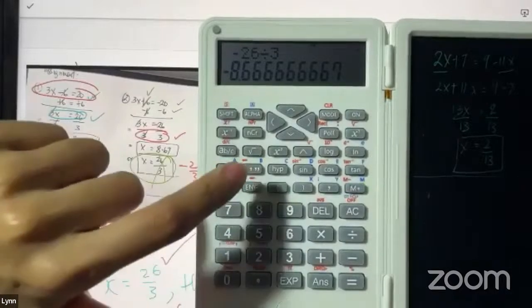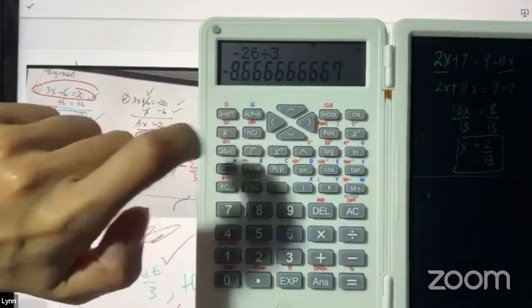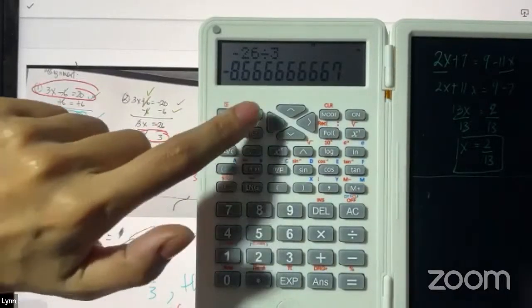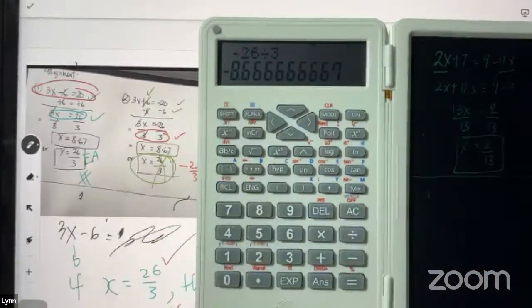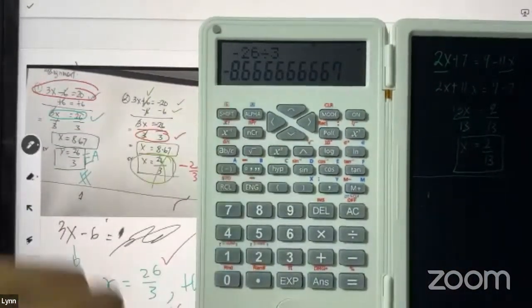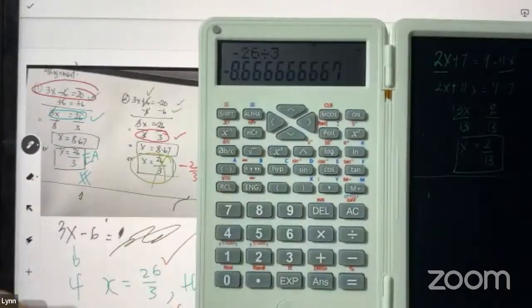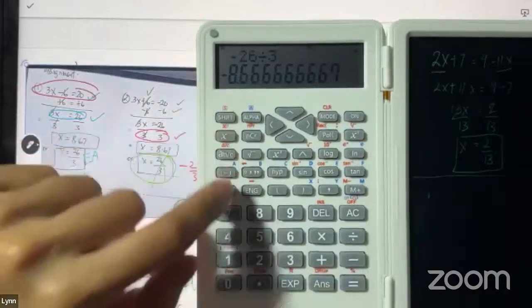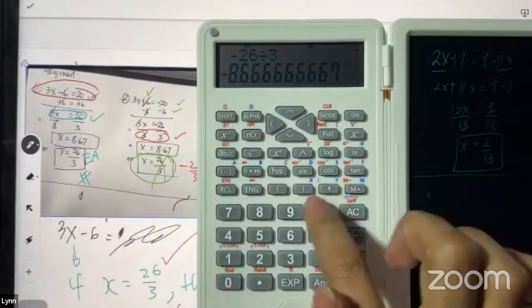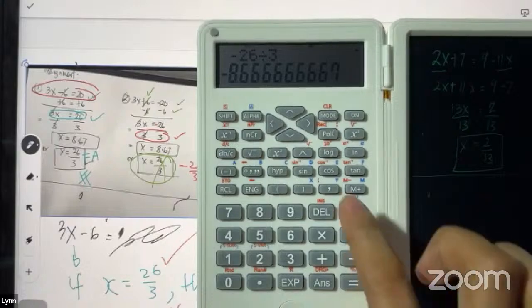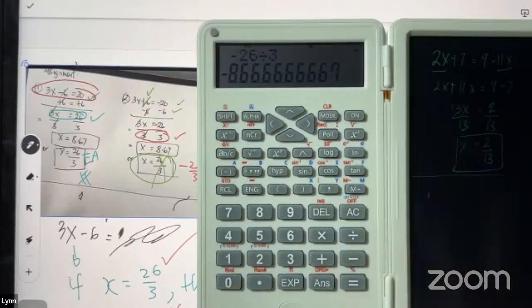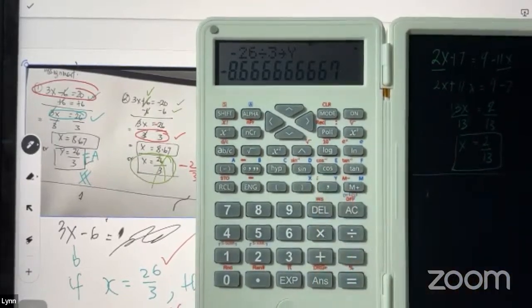I'll store using the alpha and Y. No. Alpha and Y does not store. Why do I say shift? Because shift will allow you to store. STO is red, right? Yeah, so shift STO. But you then have to choose where to store it. To Y. Up to you. Anything you want. Okay, see the arrow appears. You have stored it to Y. Congratulations. Okay, this is only the first step of confirming.